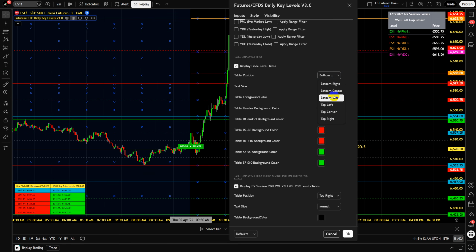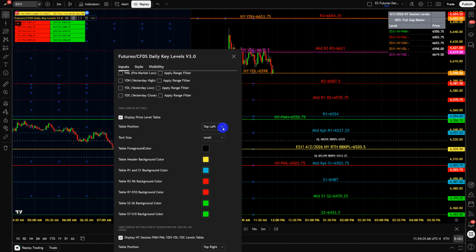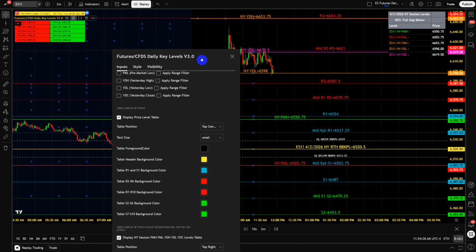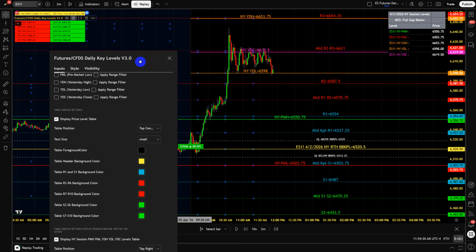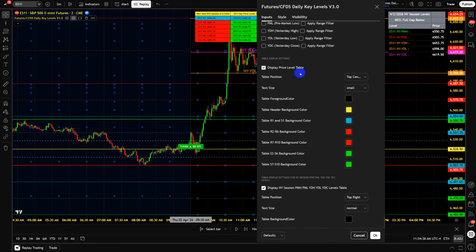You could make it at the top, say top left, or as an example, top center. It just really depends on where you'd like to have it on your chart, if you'd like to have it on at all. We'll just go ahead and move it back down to the default, which is the bottom left, and auto, which is the default.